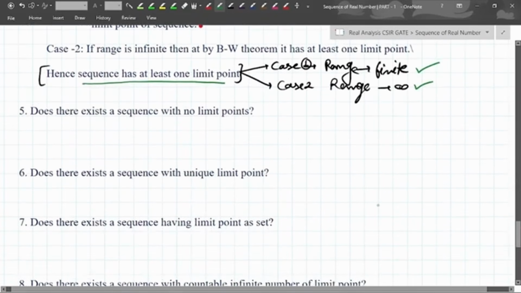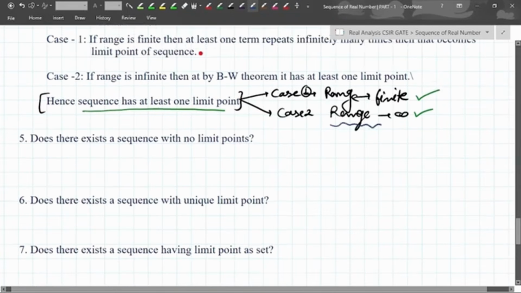Now we will discuss some questions. Does there exist a sequence with no limit point? We have discussed that a sequence has at least one limit point by the Bolzano-Weierstrass theorem, for bounded sequences. Now the question is, does there exist a sequence which has no limit point?